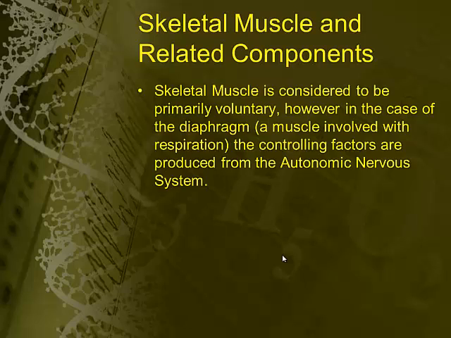This slide is talking about skeletal muscle, and it's voluntary. What that means is that we have control over it. We can go out, do a workout, walk over, turn on a light switch, whatever it is. For the most part, all of our skeletal muscle is voluntary, with the exception of things like respiration.